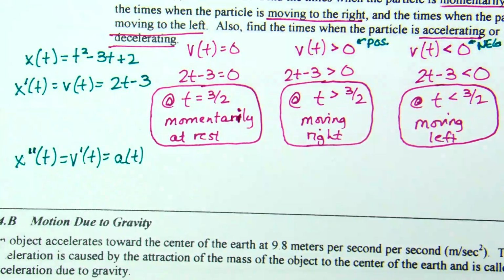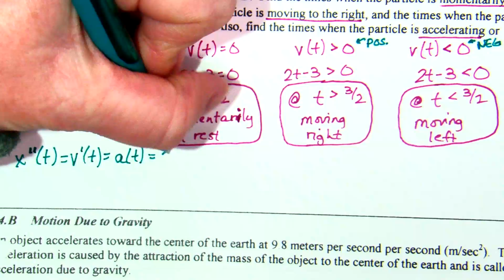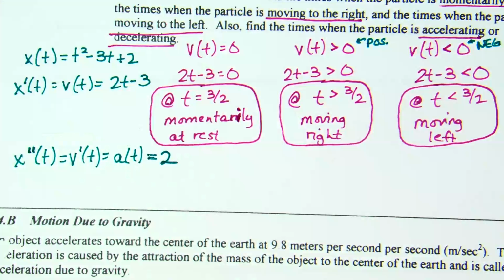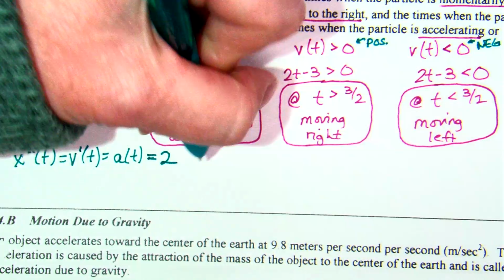What is my acceleration here? What is the derivative of 2t minus 3? 2. What does that mean? Yeah. No matter what time, my acceleration is always positive. Positive acceleration means that my particle is accelerating.